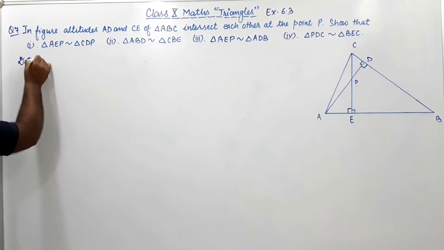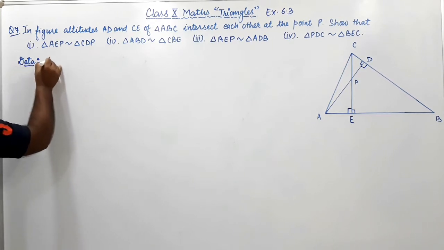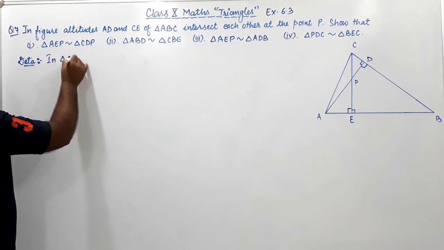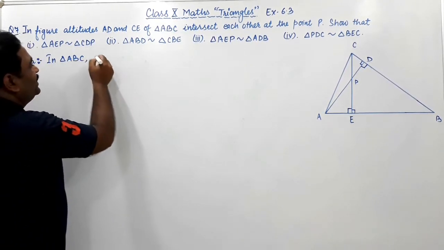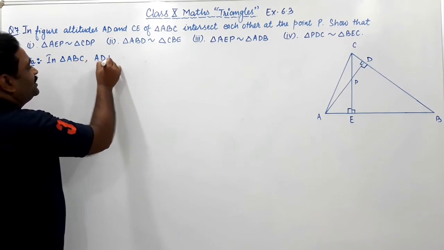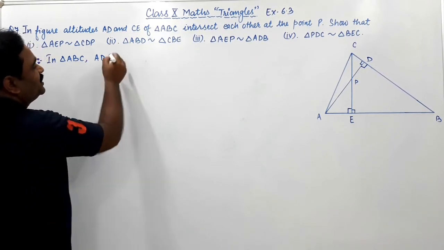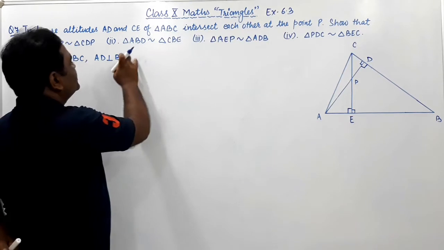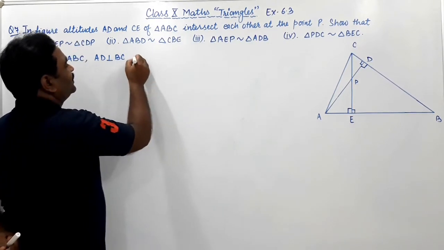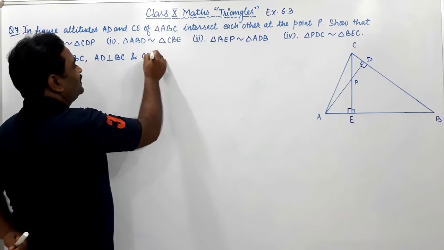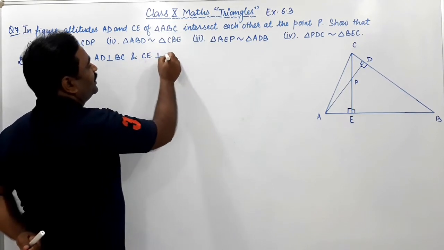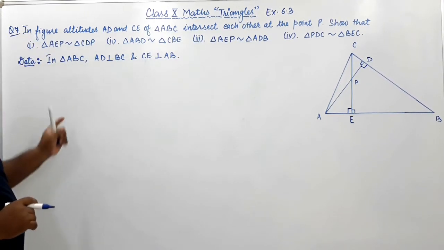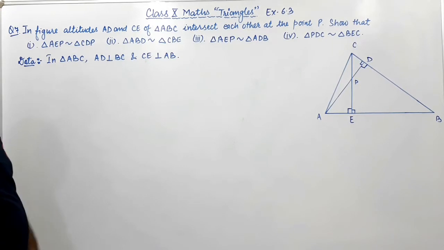In triangle ABC, AD is an altitude, AD is perpendicular on BC, and CE is perpendicular on AB. So these things are given, right?